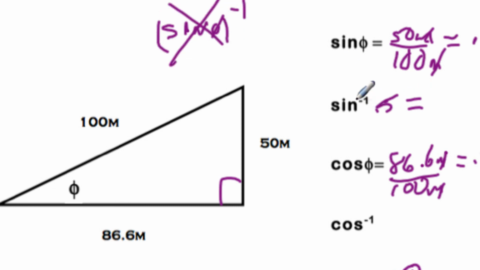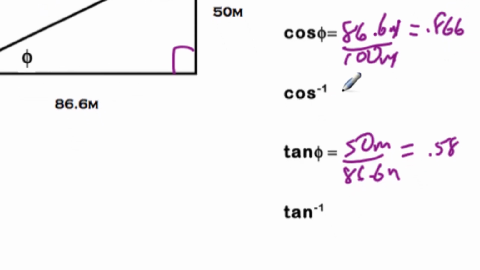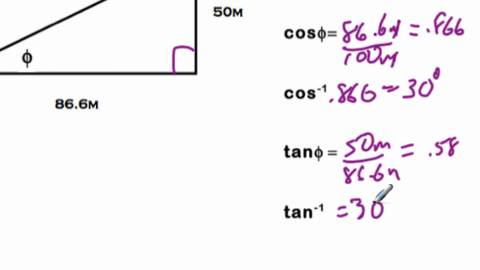We have the arc sine of 0.5, which means give me the value of the sine and I'll tell you the angle. That's going to be 30 degrees. Here we have the arc cosine, which says give me the cosine of the angle and I will tell you what it is, 30 degrees. Or give me the tangent of the angle and I will tell you what it is, and that's going to be equal to, again, 30 degrees.